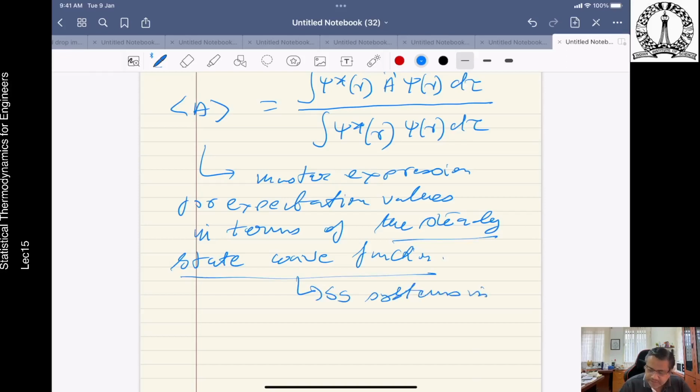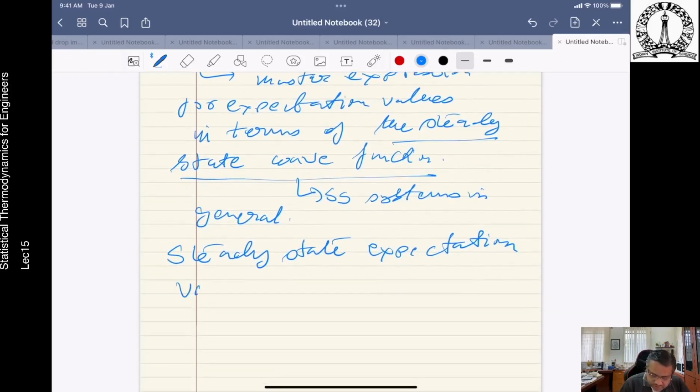It undergoes quantization, and we have seen that temporal information in certain cases is very relevant, because we may want to produce steady state expectation values for various particle properties.